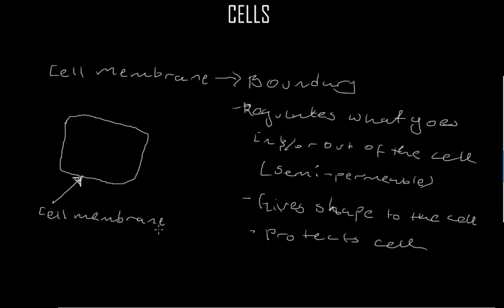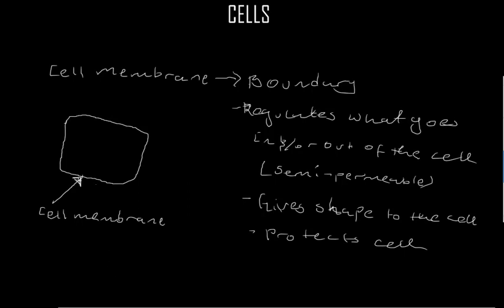So the cell membrane is simply this covering that we have, this boundary. And the cell membrane is a common part of a cell. Both animal cells and plant cells have the cell membrane.